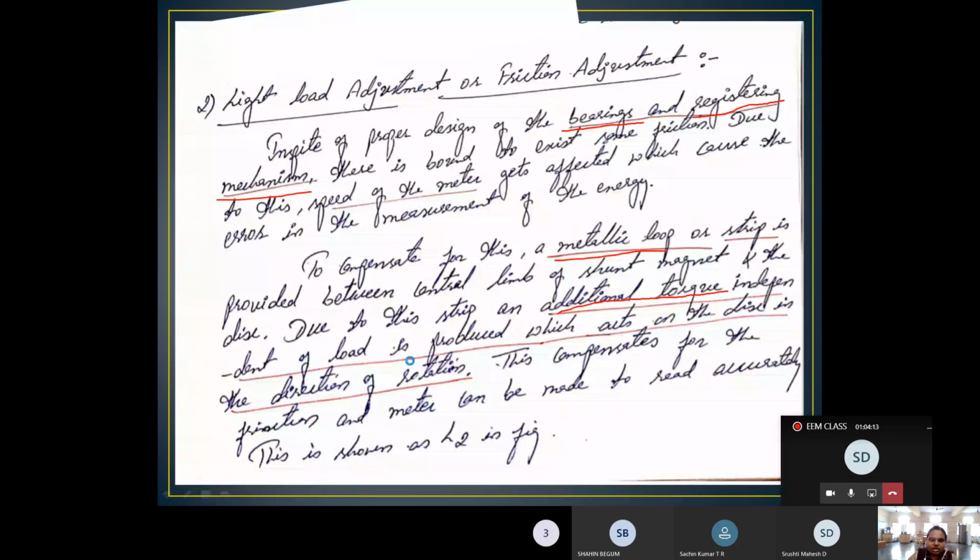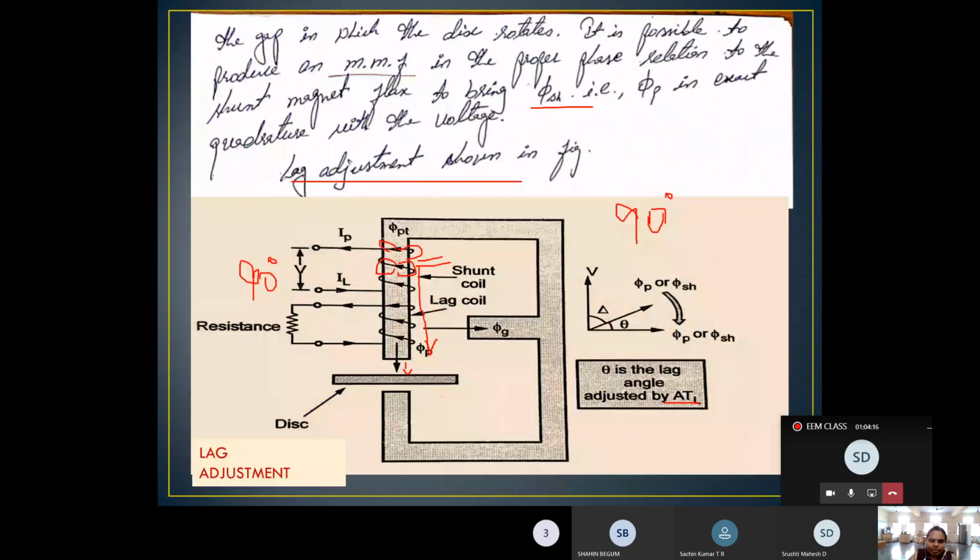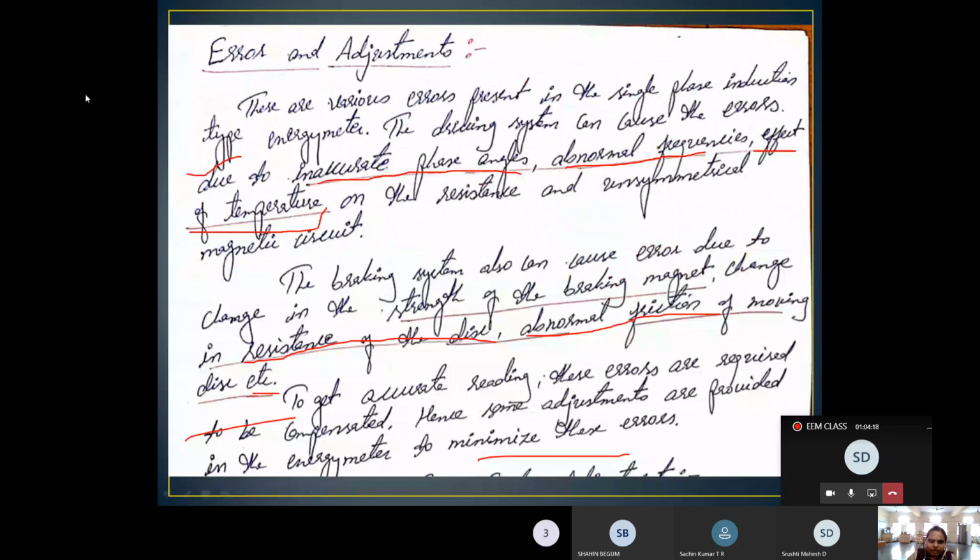This question may be asked for 10 marks, or the part may be asked for 8 marks, depending on the question paper.